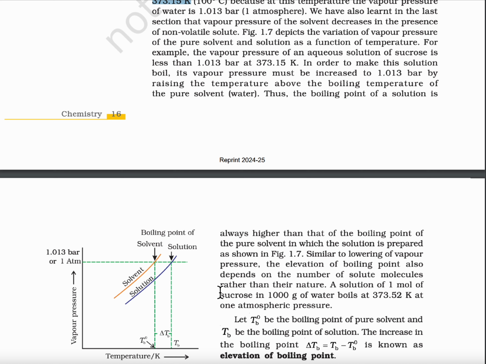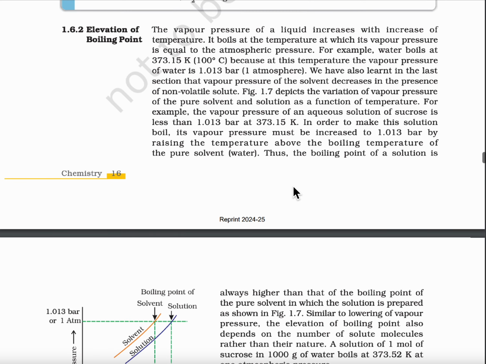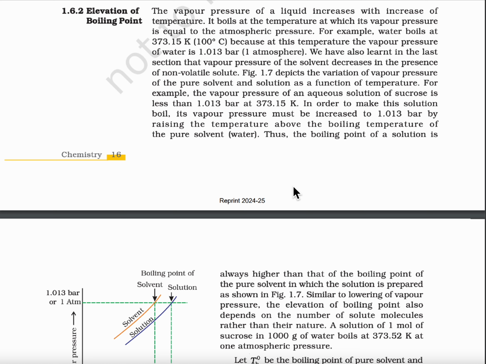Similar to lowering of vapor pressure, the elevation of boiling point also depends on the number of solute molecules rather than their nature. Now, let us look into what this elevation of boiling point is basically. The vapor pressure of a liquid increases with increase of temperature, and the liquid boils at the temperature at which its vapor pressure is equal to the atmospheric pressure.